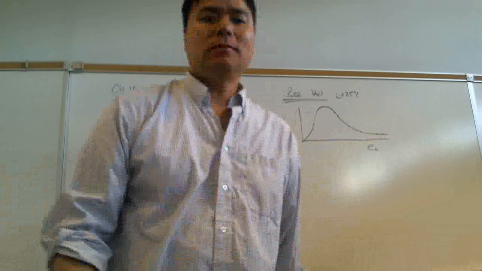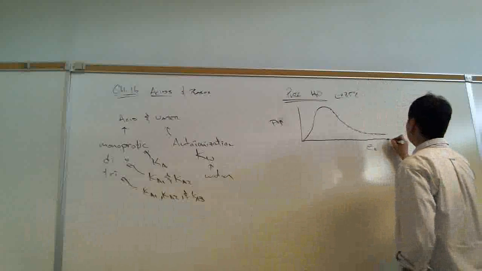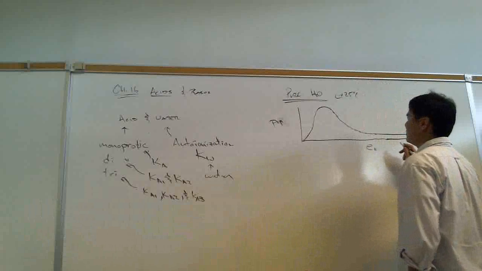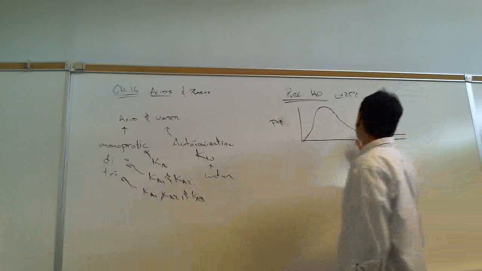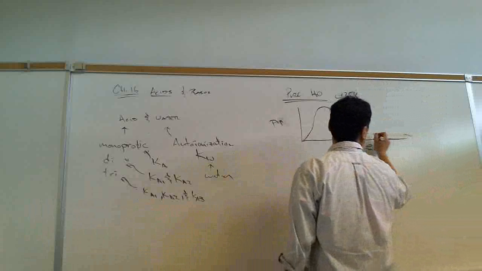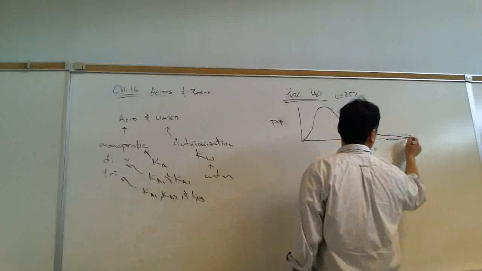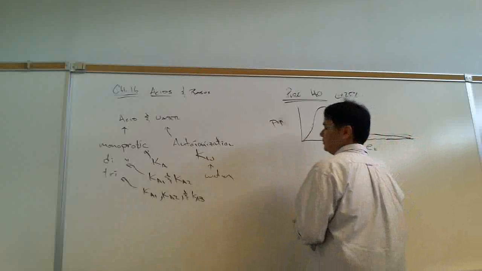So even though the water molecules are at 25 degrees C, there's going to be some fraction of water molecules that are going to have quite high energy. It's a very small fraction, though, correct? There's a very small fraction of water molecules that have considerable energy.